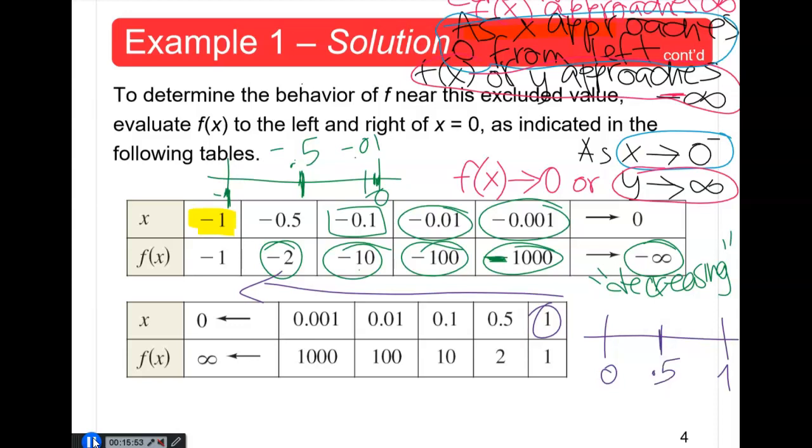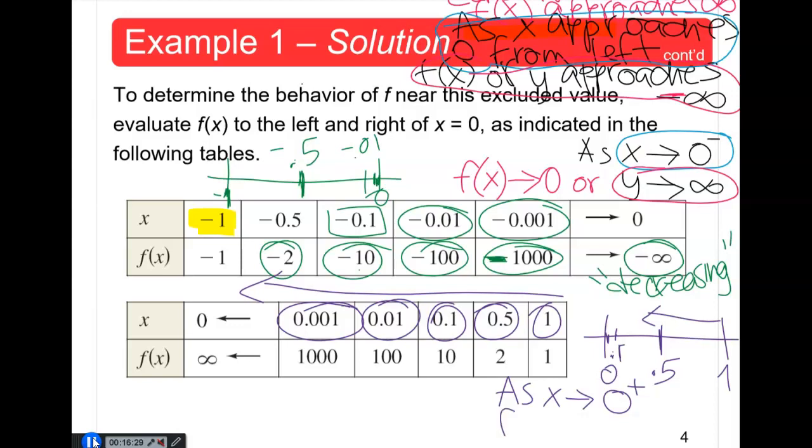We have 0.5, and then we have 0.1, and then we have 0.01, and then we have 0.001. So it's closer and closer. So the x values are approaching 0 from the right side. So we use this notation: as x approaches 0 from the right side. So we indicate that with the plus sign of the size of an exponent.